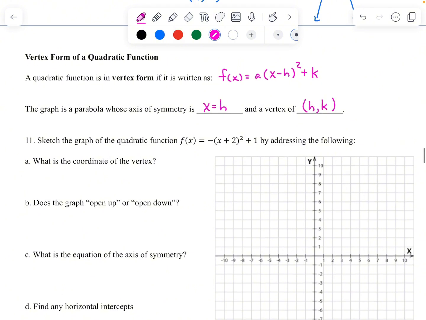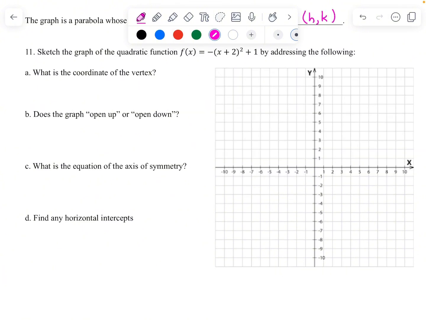Okay, now I'm going to show you how to graph a quadratic function by identifying the 5 basic characteristics of its graph. Sketch the graph of the quadratic function f of x is equal to -1 times the quantity x plus 2 all squared plus 1.